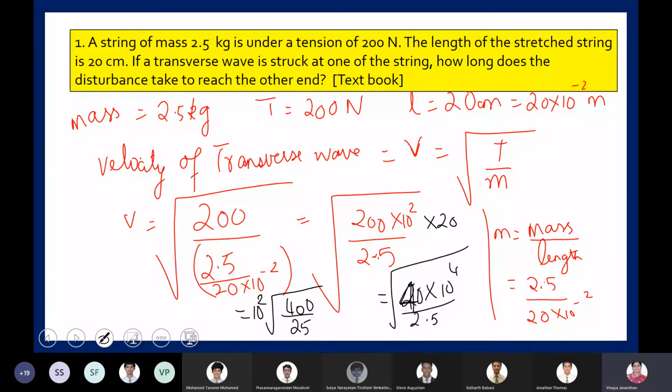That will be 8 by 5. So 80 by 5. 80 by 5 is 16.